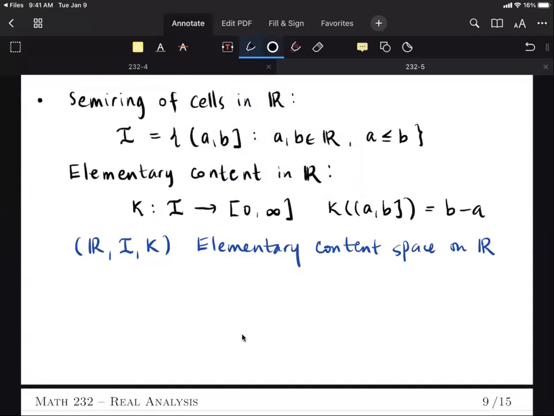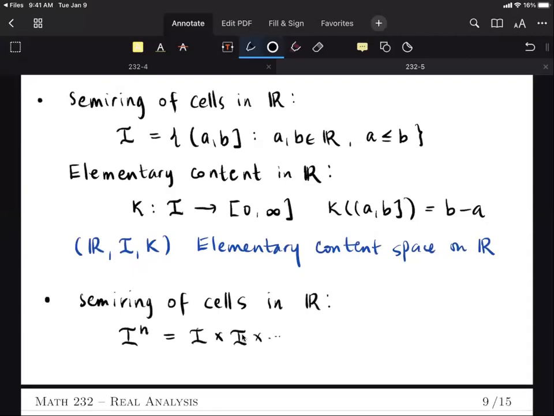So from this, we now construct the semiring of cells in Rn. So I sub n, this is what? The Cartesian product of I with itself n times.